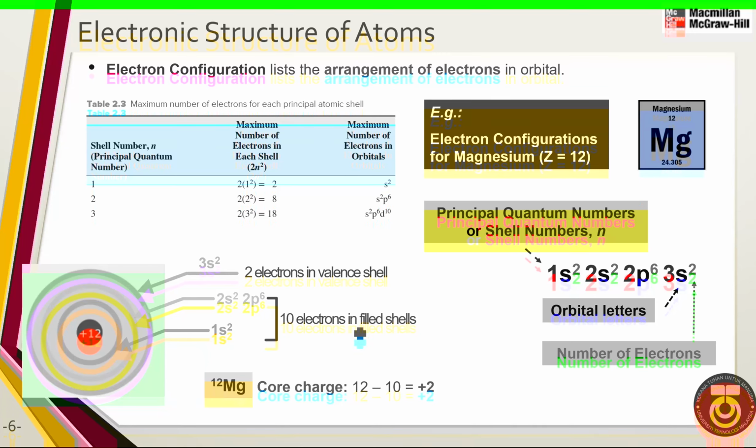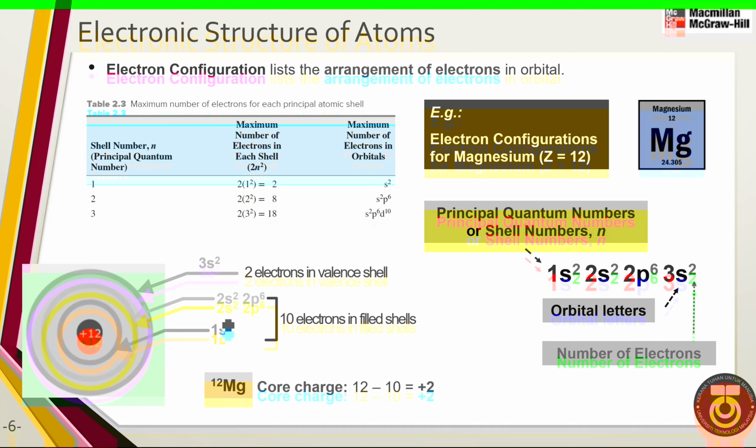The remaining 10 electrons fill the first and second shells. For the first shell, we can only have one subshell, which is subshell S, and the maximum number of electrons that can fill it is 2.